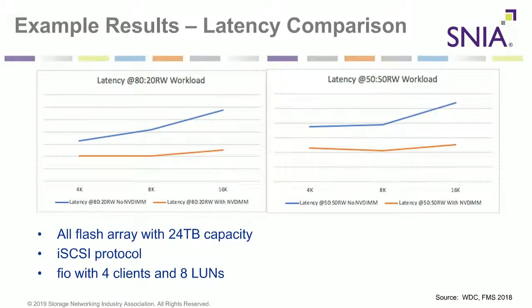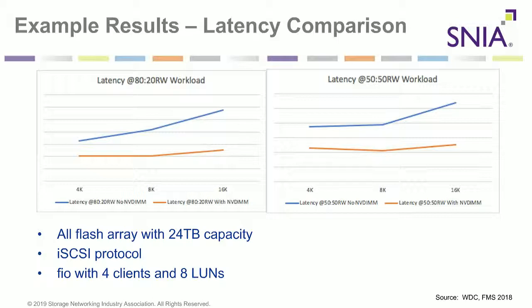Here we're talking about workloads. This is a real example. You can see here with NVDIMMs and without NVDIMMs on two different workloads. The first one is an 80-20 read-write workload, and the second one on the right-hand side is a 50-50 read-write workload.